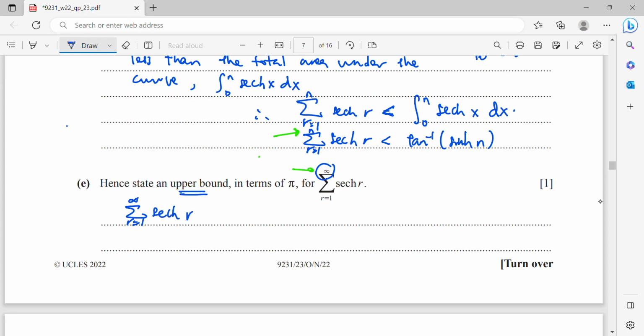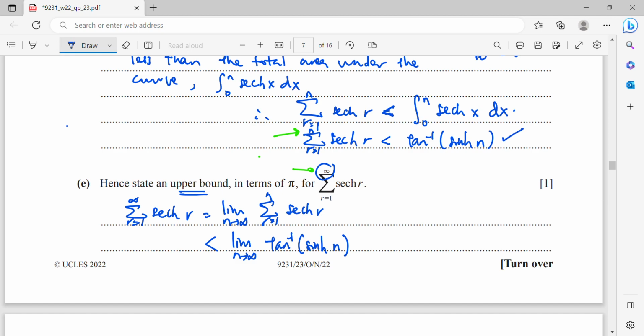So the limit as n tends to infinity of the summation of sech r from 1 to n is less than the limit of inverse tangent sinh n, which we have proven.